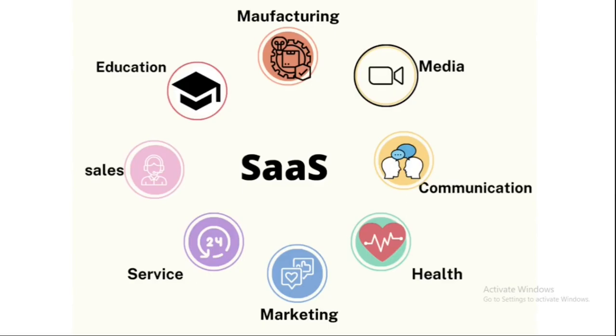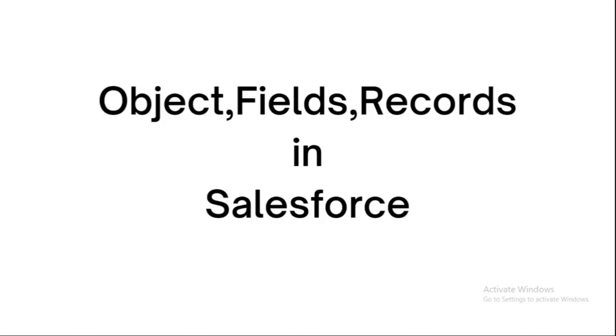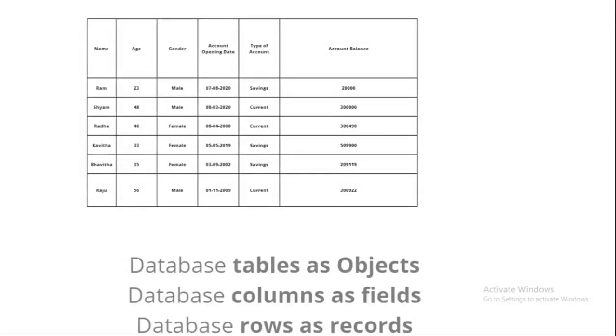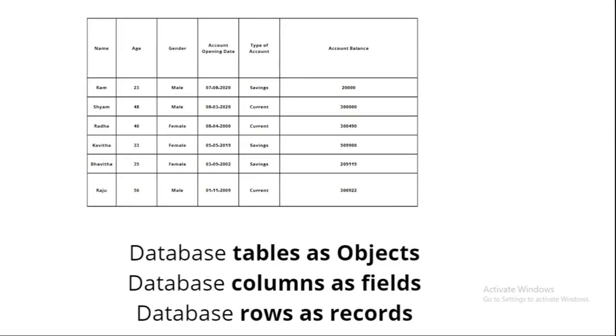Also, in this video, I would like to discuss basic things like what are objects, fields, and records in Salesforce. To help you understand, I came up with an example. Let's consider this table. It consists of data related to a bank.